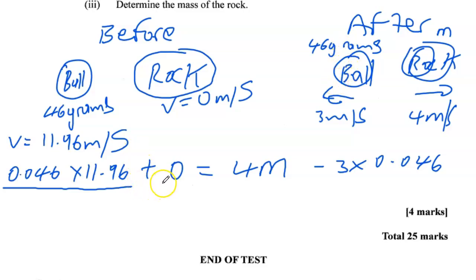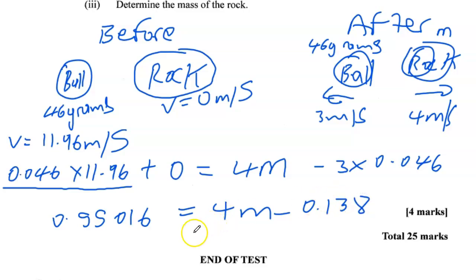So let's calculate for m. 0.046 times 11.96 is 0.55016, which equals 4m plus 3 times 0.046, which is 0.138. So we can transpose for 4m.